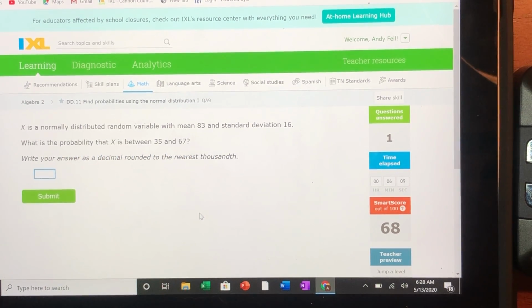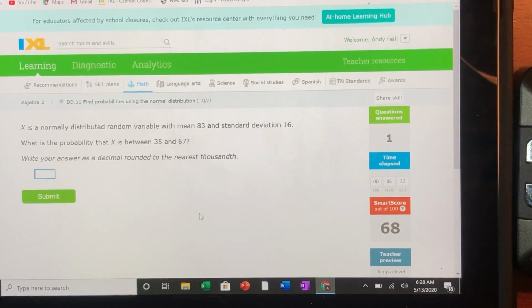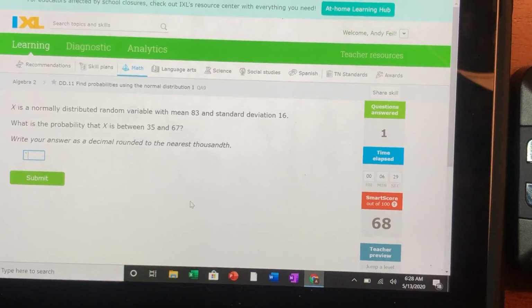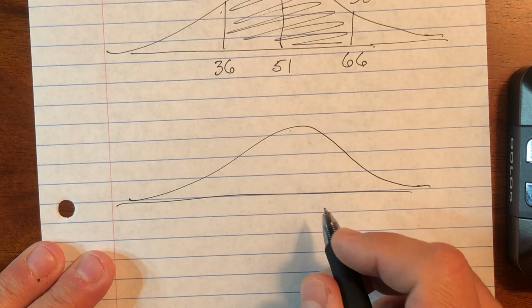X is a normally distributed random variable with mean 83 and a standard deviation of 16. What's the probability that X is between 35 and 67? So the mean is 83, standard deviation is 16. We want to figure out that it's between 35 and 67. Okay, so just like before, I'm going to draw myself a little picture so I know what's going on here.